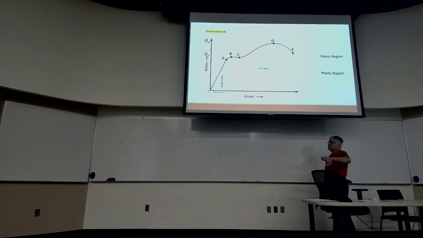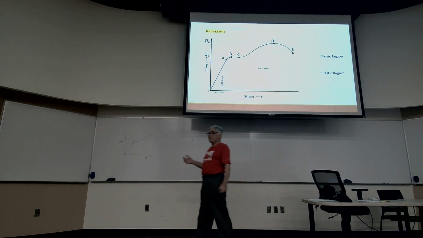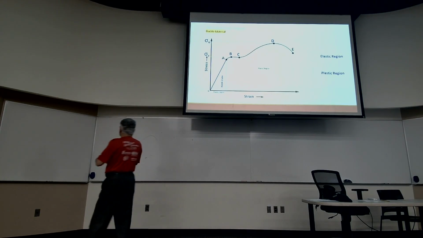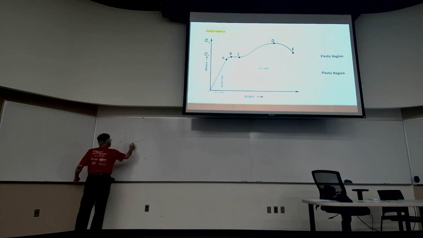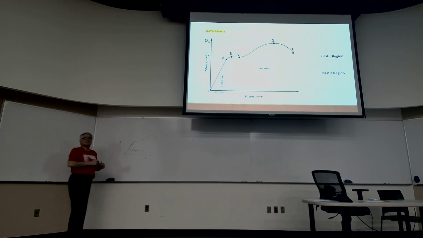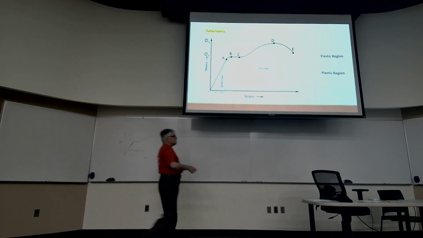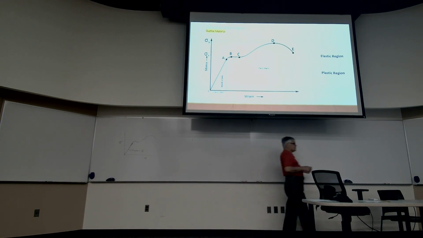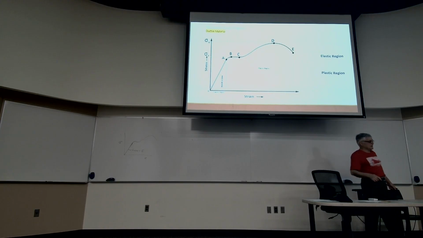So linear means that sigma is a constant times epsilon, where the constant is the slope of this straight line from here to here. And that is called E, modulus of elasticity. So sigma is E times epsilon in the linearly elastic region.